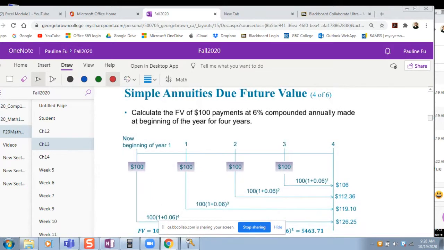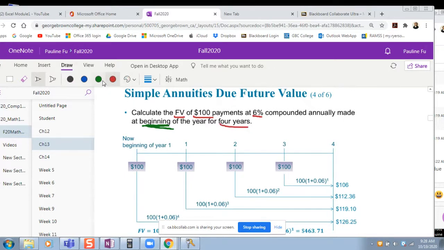So take a look at this example. Calculate the future value of 100 payment at 6% compounded annually, made at the beginning of the year for 4 years.